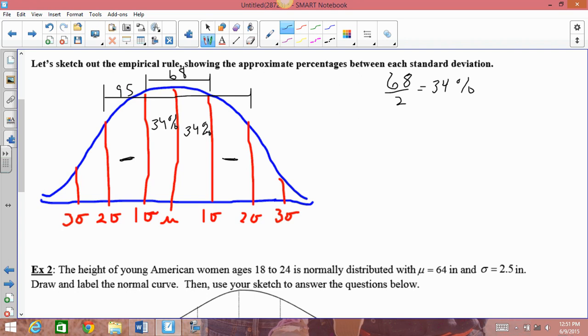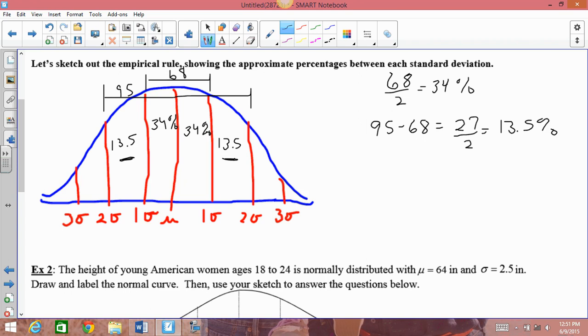So what I want to do then is say 95 minus 68, which gives me 27% left to work with. So I have that 27% that needs to be divided between these 2 rectangles. So then I take that 27 and divide it by 2, and that should give you 13.5%. So I put 13.5% in each of those rectangles.